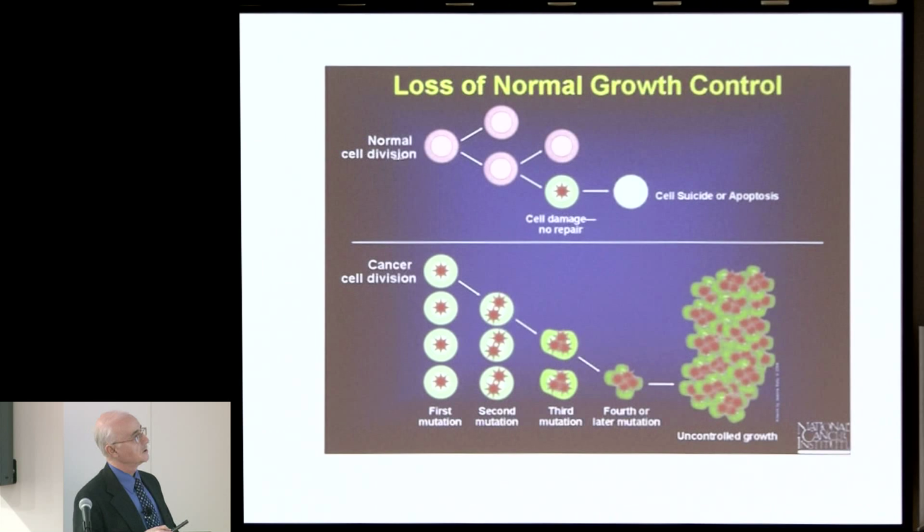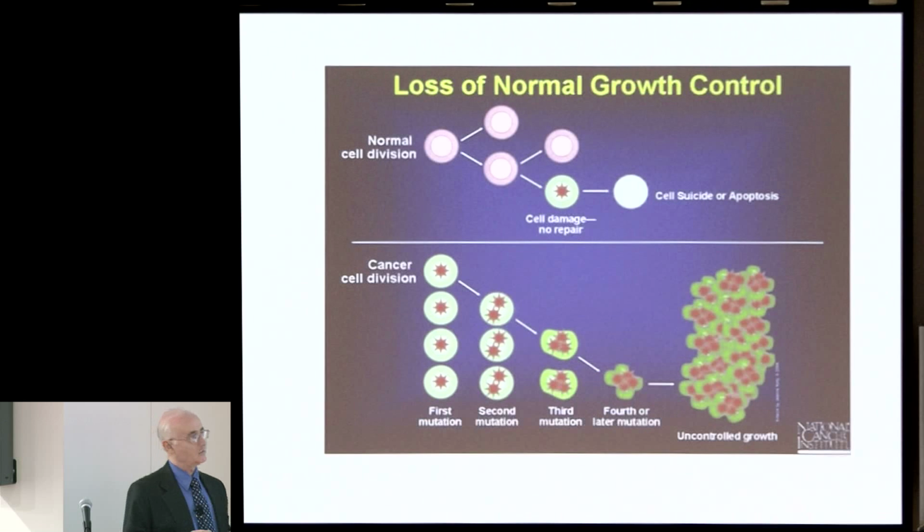This is just simply to show how a normal cell and a cancer cell grow. This is a normal cell. One cell becomes 2 cells, and this will continue. In the meantime, the cell will be damaged. There is no repair, and then automatically at this stage, the cell will simply commit suicide, meaning it will die by itself. There is a mechanism in the cell by the name of apoptosis.